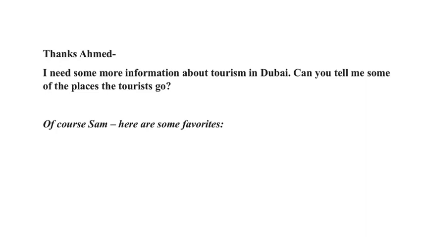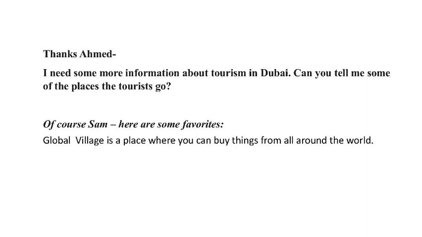Thanks, Ahmed. I need some more information about tourism in Dubai. Can you tell me some of the places tourists go? Of course, Sam. Here are some favorites. Global Village. Global Village is a place where you can buy things from all around the world.